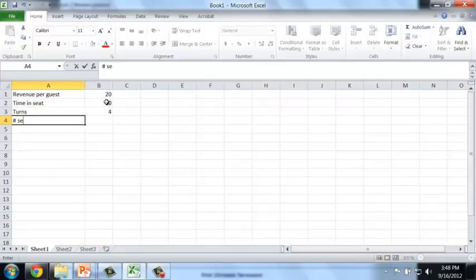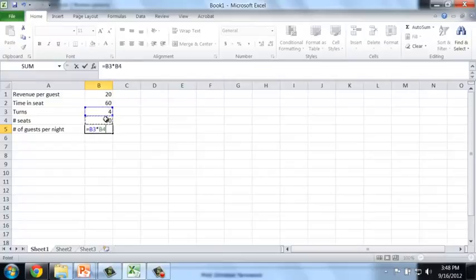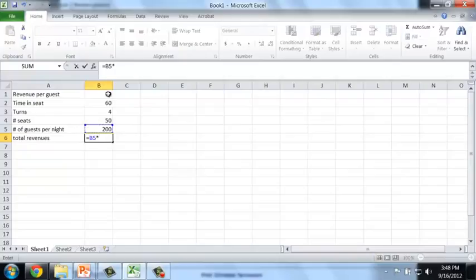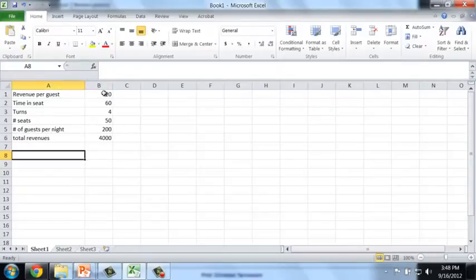Since we have 50 seats, the number of guests per night is simply the turns times the number of seats, and that is 200 guests per night. Next, our total revenue is simply the 200 guests that we serve times $20 per guest, equals $4,000 revenue per evening.